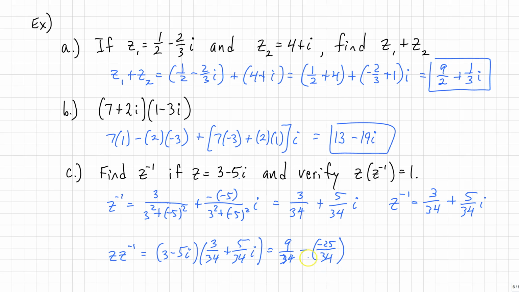That'll add together and give us 34 34ths, which is 1. And then we're going to get 15 34ths i, and then a negative 15 34ths i, which will be 0. So that does come out to be positive 1.